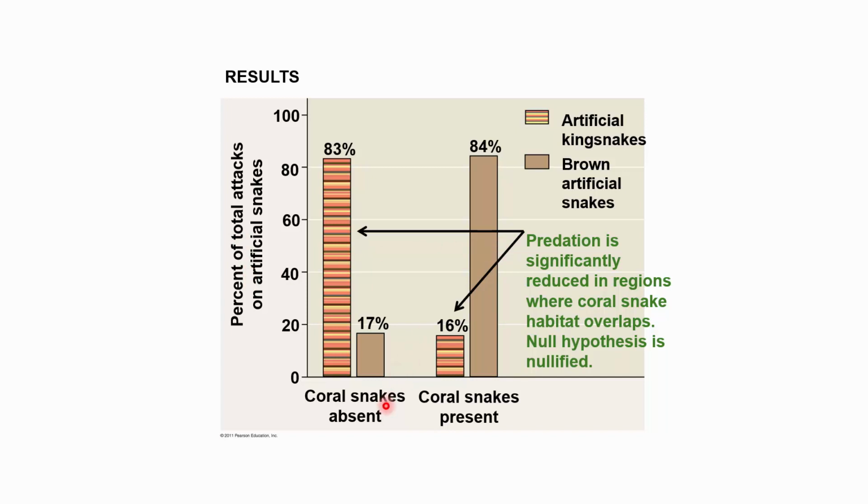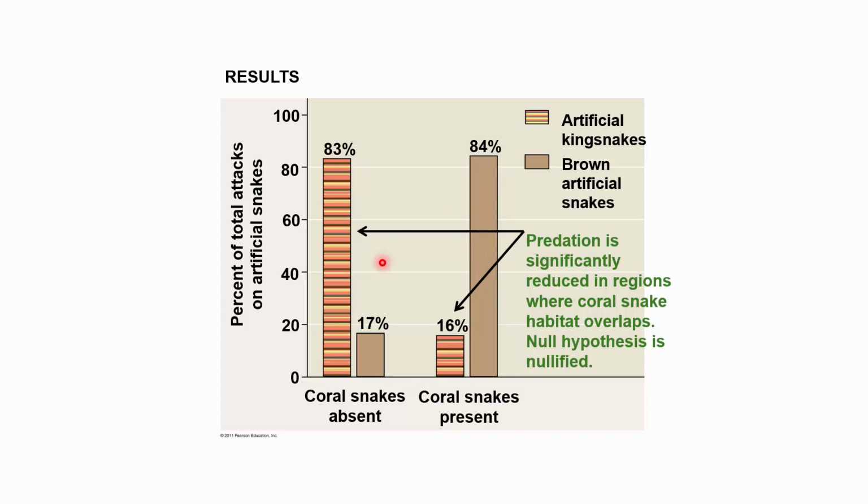So where coral snakes are absent, we have 83% of the artificial striped king snakes attacked. 17% of the brown type are attacked. So probably these are much easier to see, of course, than the brown snakes. So 17% could be seen and attacked. Now let's look where the coral snakes are present.